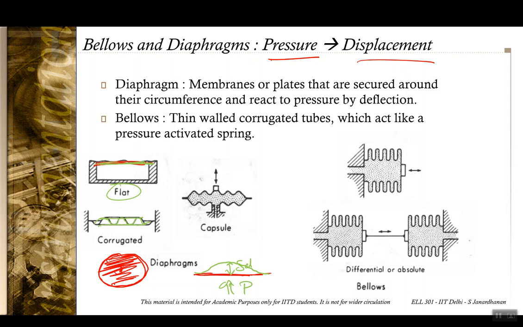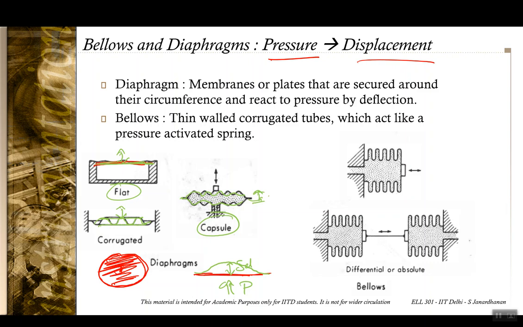You can even have two diaphragms joined together to make a capsule. Again, this has higher sensitivity than the flat diaphragm, however the scope is much less. The deflection that can be expected from a diaphragm is quite small.